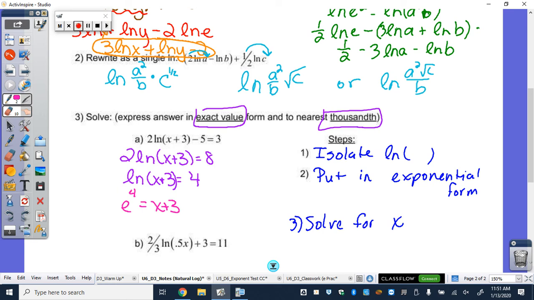So for this one, because we have x plus 3, I need to subtract this 3 over. And leaving it as e to the 4th minus 3, that is our exact value. So that is the first way they wanted us to leave the answer. So remember, e is an irrational number, keeps going on forever. So we didn't want to round it yet. Our exact value means we haven't rounded anything.